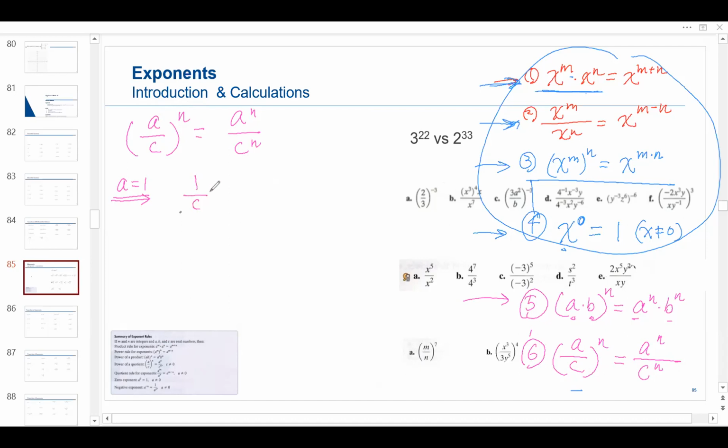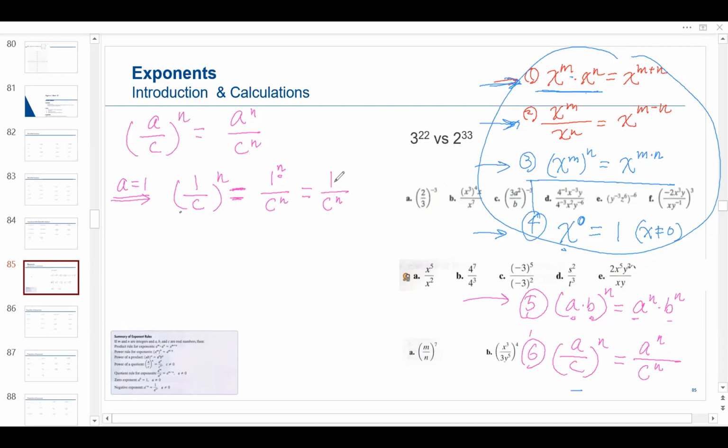So what does this one equal? Like earlier, what are we doing? The numerator power n, and C power n. Because here A is replaced by 1, right? So what do you get? You get 1 over C power n, because 1 to any power itself equals 1, right?